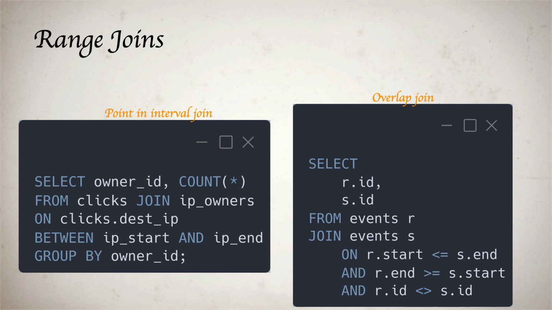So there you have it. Range joins, either a point and interval or an overlap. Note that in both of these scenarios, there is no equijoin involved. It is strictly non-equijoins.